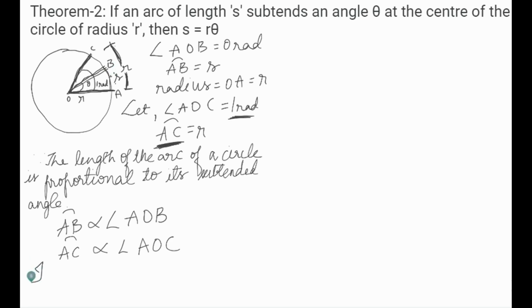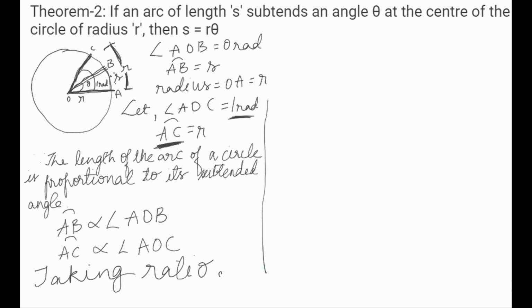Taking ratios of these two equations, we get arc AB divided by arc AC, which is equal to angle AOB divided by angle AOC.